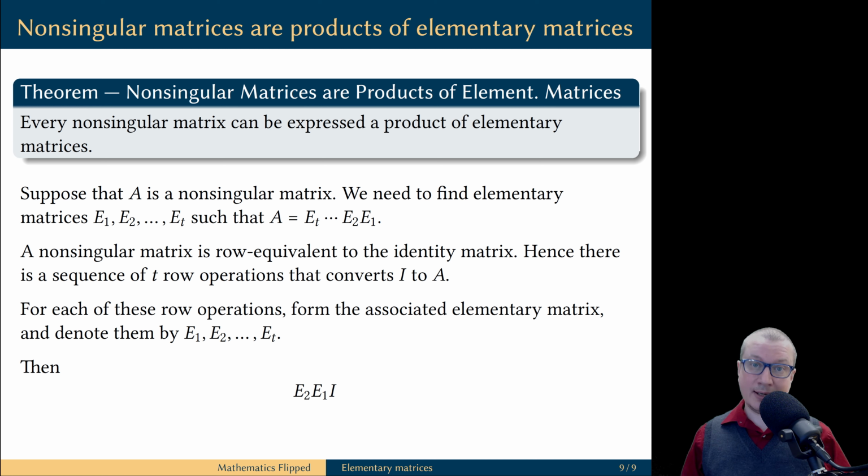Then we apply the second row operation in that sequence, which is the same as multiplying on the left by the corresponding elementary matrix. And we keep doing this. Every time we apply a row operation from our sequence, this is the same as multiplying by the corresponding elementary matrix.